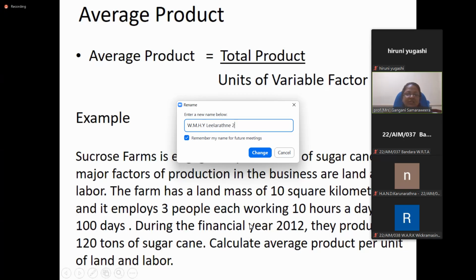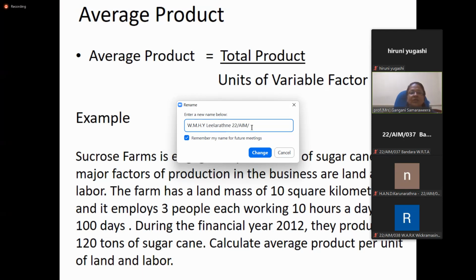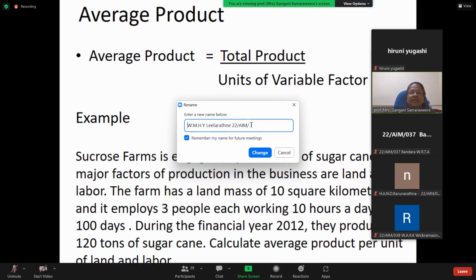During the financial year 2012, they produced 120 tons of sugar cane. You need to calculate the average product per unit of land and labor. Since this is the first calculation, I will show you the way, then I'll give you other calculations to do by yourself.